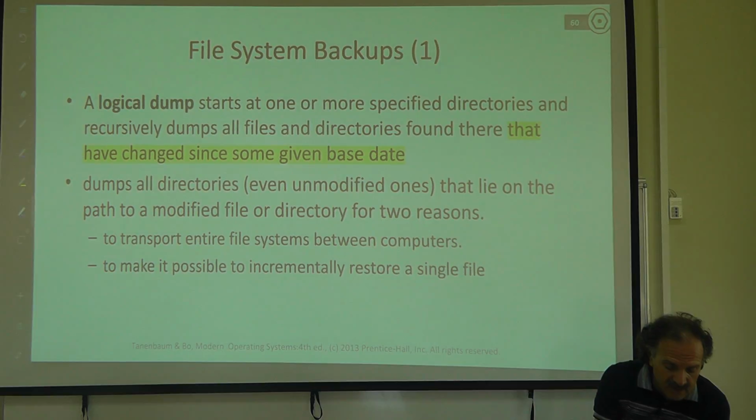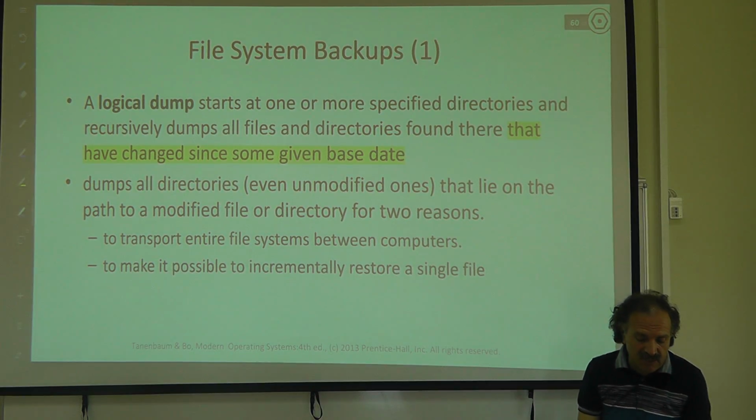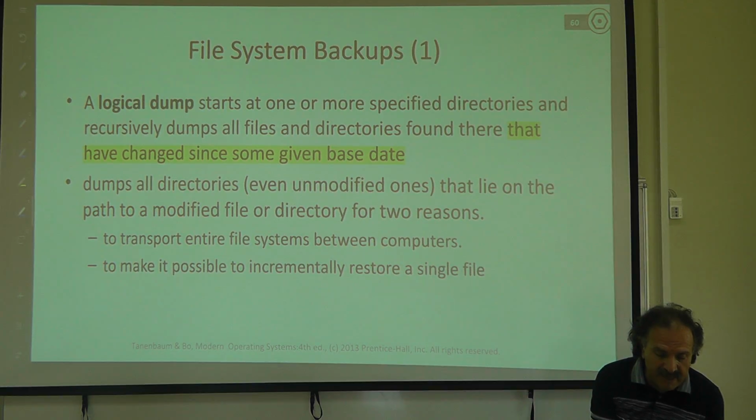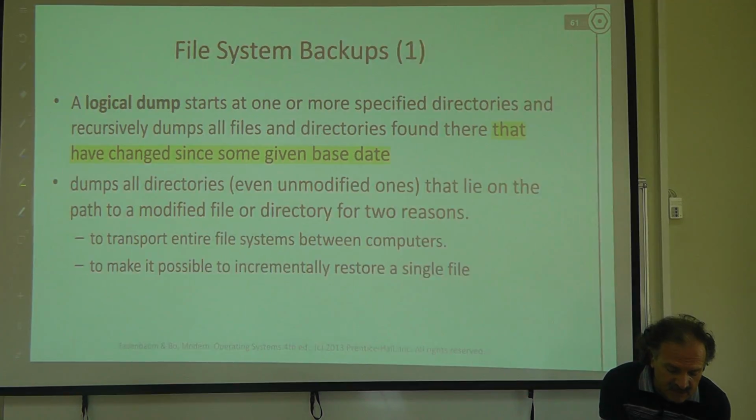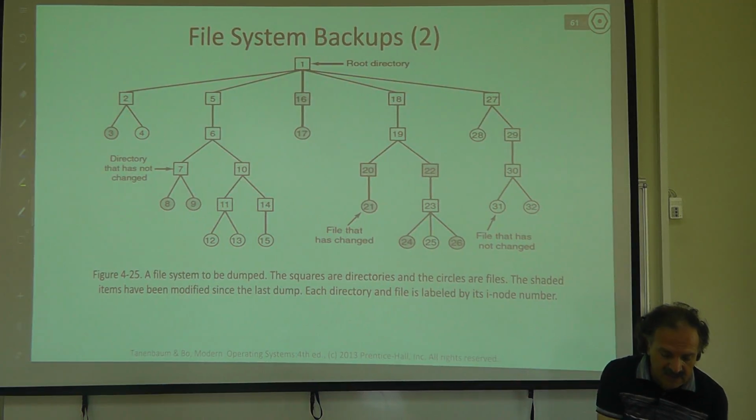This algorithm dumps all directories that lie on the path to a modified file or directory for two reasons. Let me give you this example, and I will return to this part of the slide.